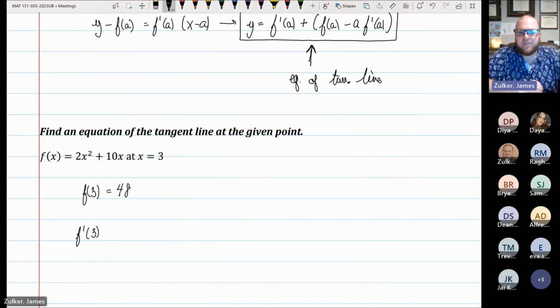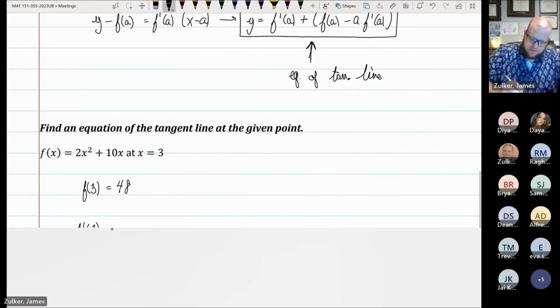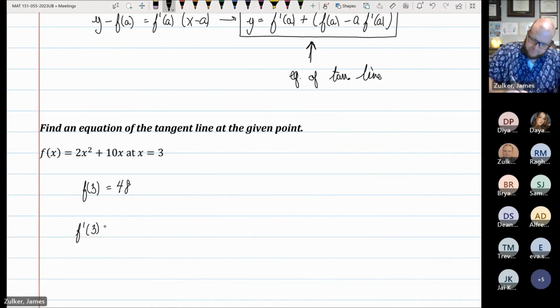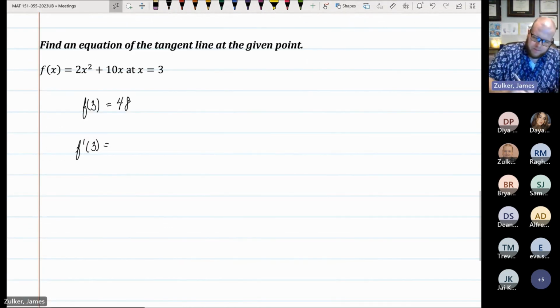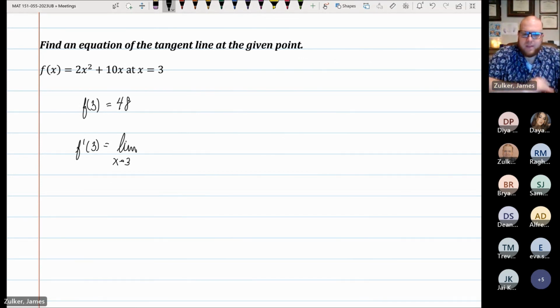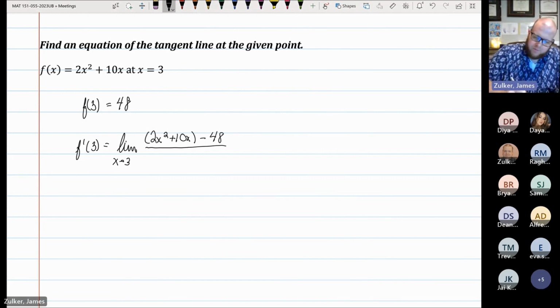Now we're going to find f prime of 3, because we need the slope. The limit as x approaches 3 of f of x minus f of 3 all over x minus 3.